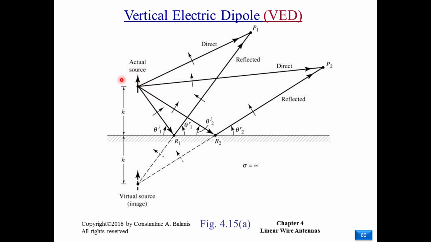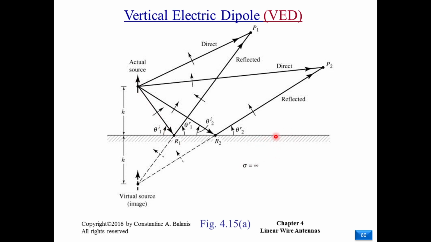the actual source will radiate electromagnetic waves to the observation point. Also, the radiation from this vertical dipole will hit the conducting plane.